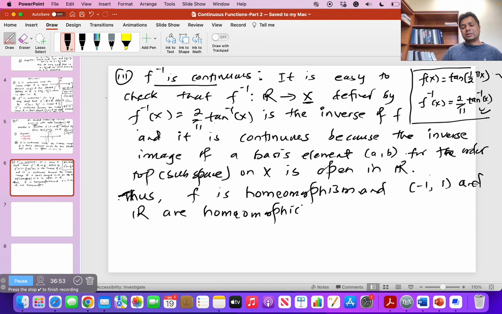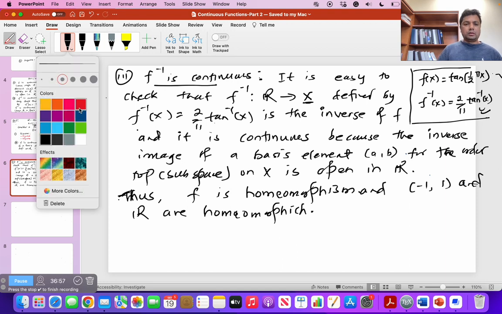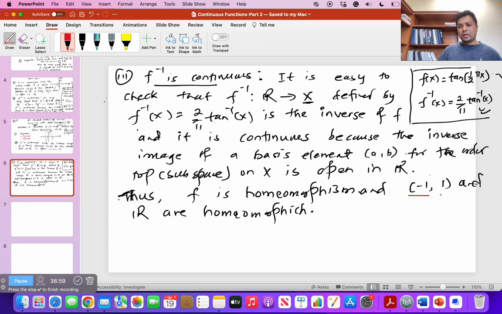That means the interval from -1 to +1 and the real line are topologically similar. That's the meaning of these two topological spaces being homeomorphic. If they are homeomorphic, topologically they are identical.